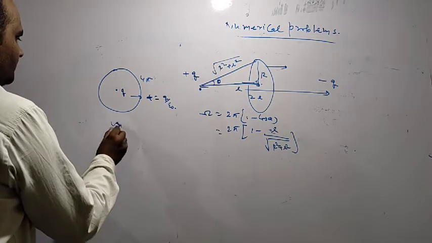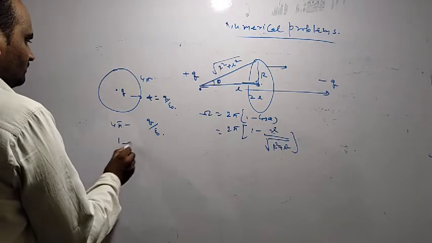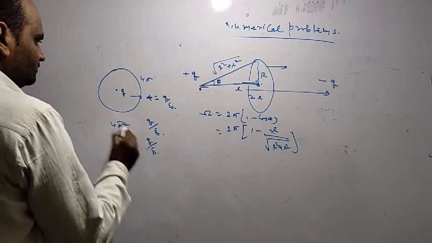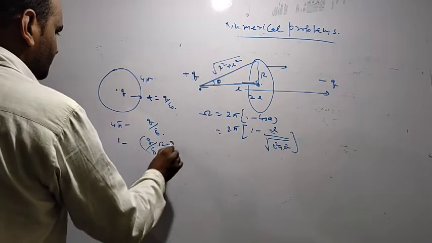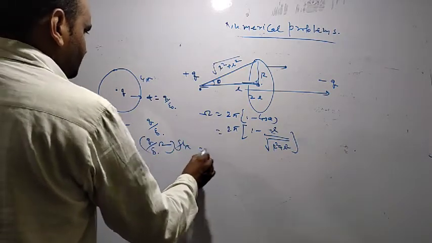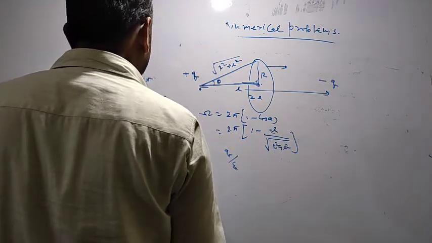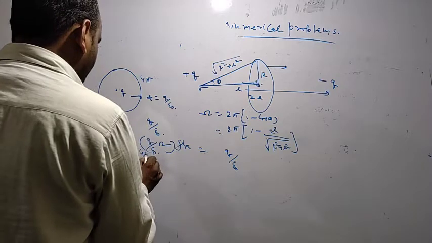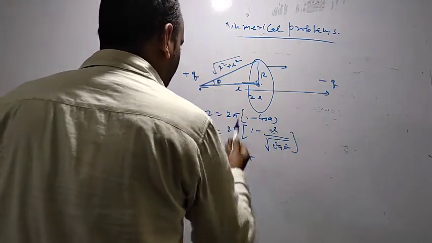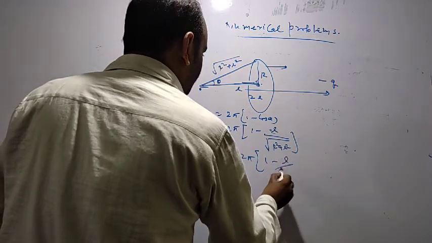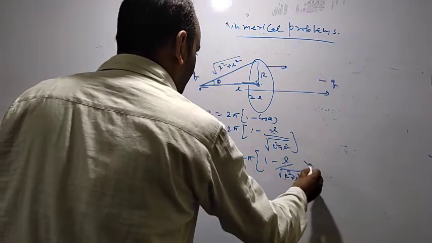So 4 pi solid angle gave this flux, and for this much solid angle, this is the amount of flux. Then Q by epsilon naught, sorry, 4 pi, 2 pi multiplied by the solid angle, 1 minus L into under root L square plus L square, and multiply with 2.